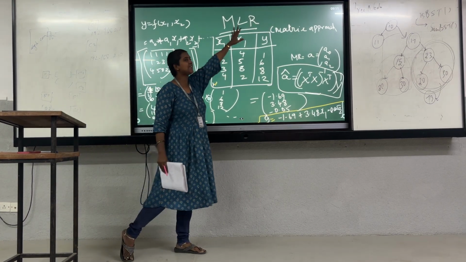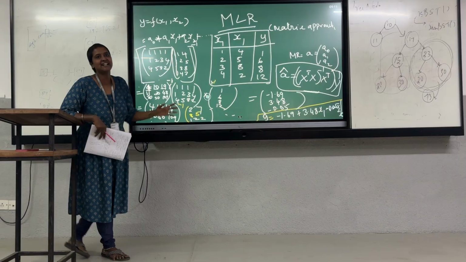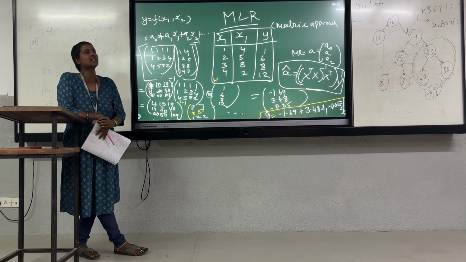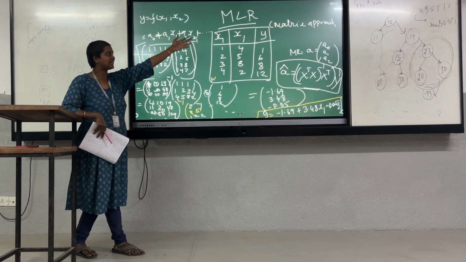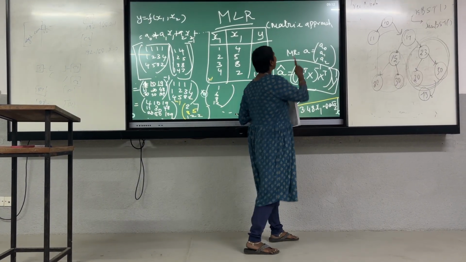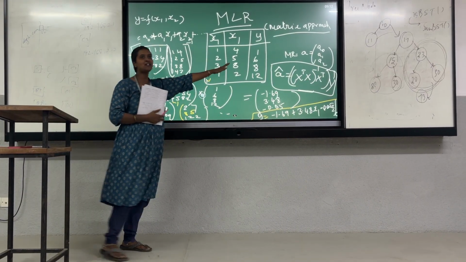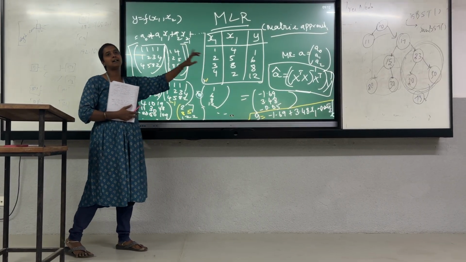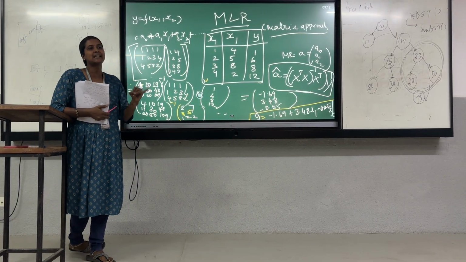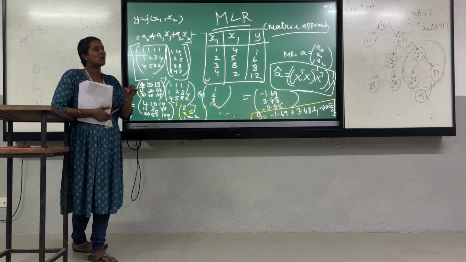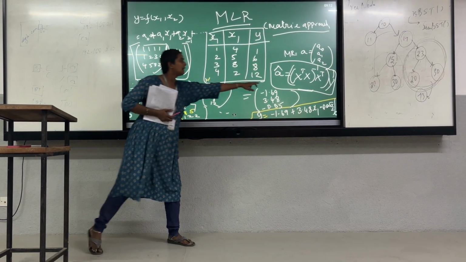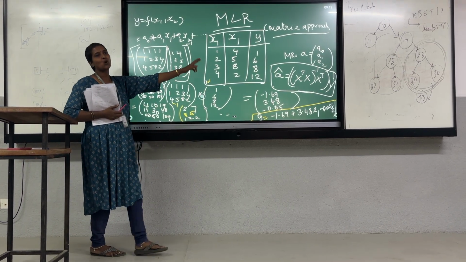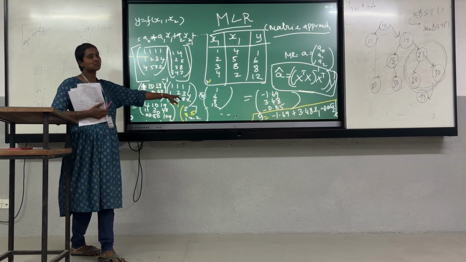So multiple linear regression: one or more independent variables and one dependent variable, you are going to predict the future. That's why it is named multiple linear regression. In this problem, we apply the matrix approach. These are the given two independent and one dependent variable. X is a 3 into 3 matrix, y is a matrix. We apply the linear regression matrix formula: find X transpose X whole inverse, then multiply with X transpose into y.